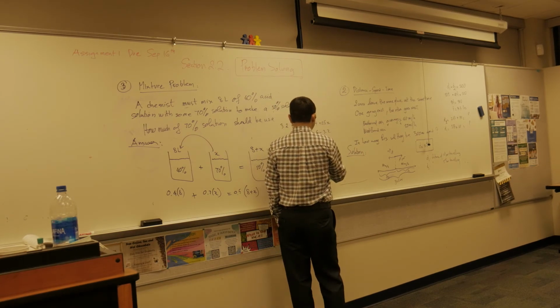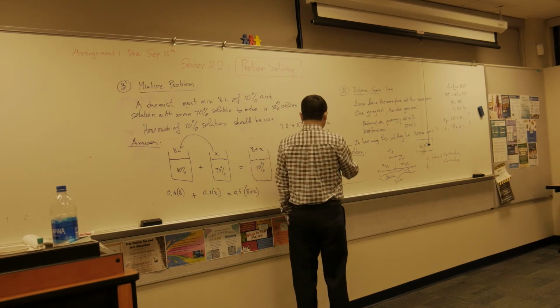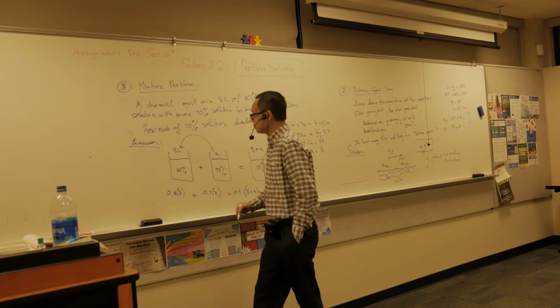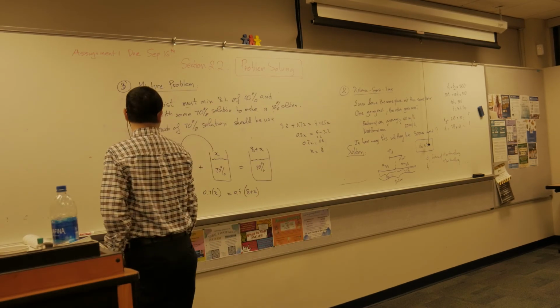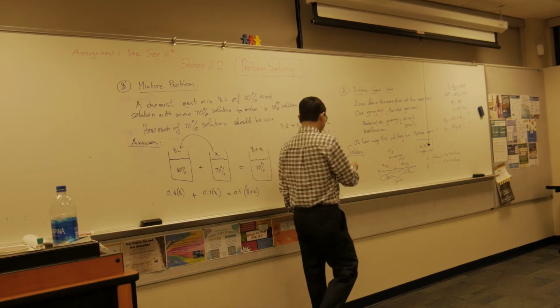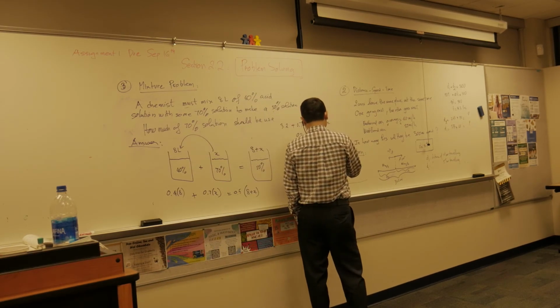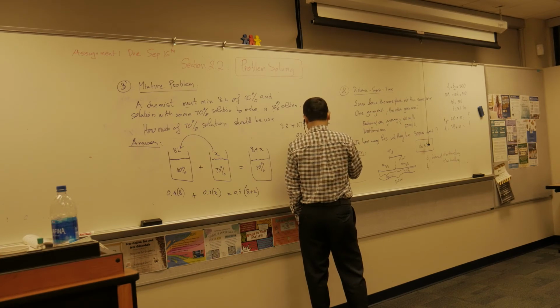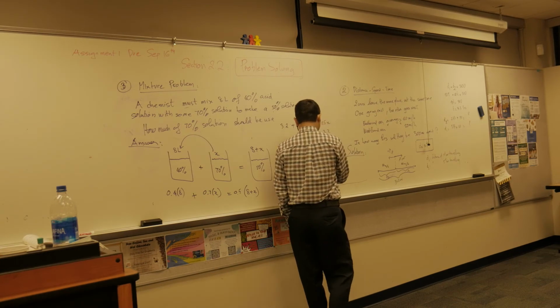And 0.8 divided by 0.2 gives you 4. Don't forget the unit. 4 liters. There you go.